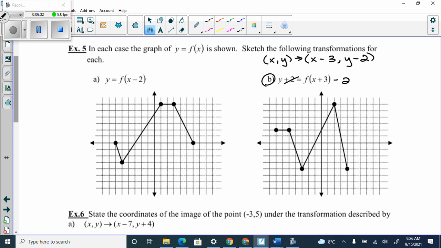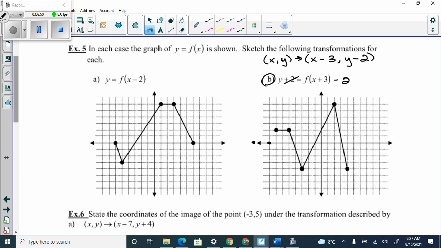Now people will say, can't I just go 3 left and 2 down and draw a new dot? Absolutely. If it's this easy, I'd go 1, 2, 3, 2 down. This is the catch though. As you draw the dots, connect the dots. Don't be like, I'll do this one, no, I'm going to do this one. People will draw all the dots and they connect them wrong.